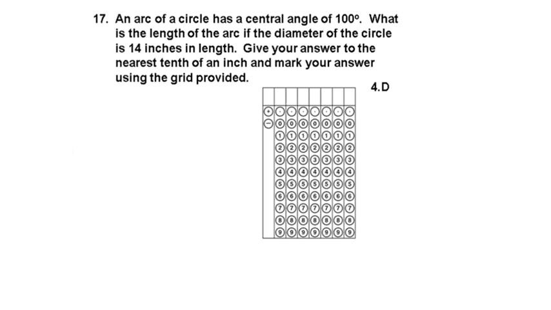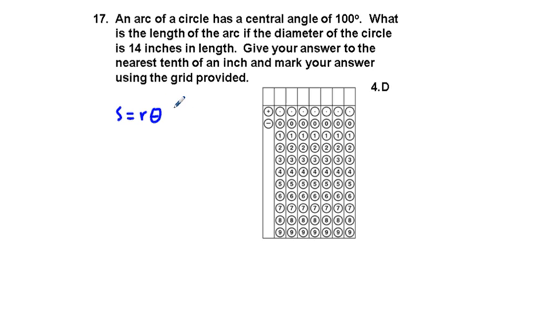Next, for your response section, an arc of a circle has a central angle of 100 degrees. What is the length of the arc? The diameter of the circle is 14 inches in length. Give your answer to the nearest tenth of an inch. Again, we have S equals R theta. And since we're in degrees, we need to convert into radians.